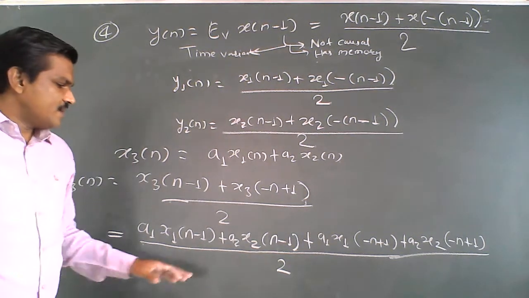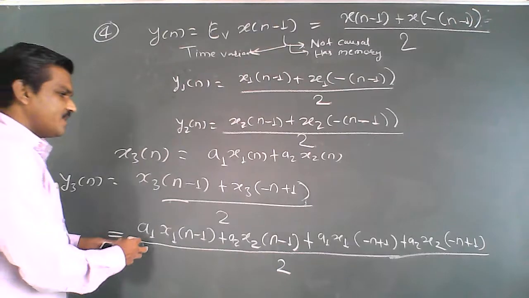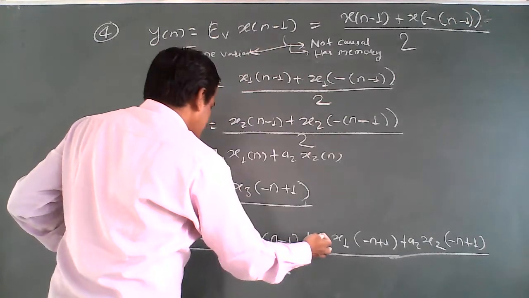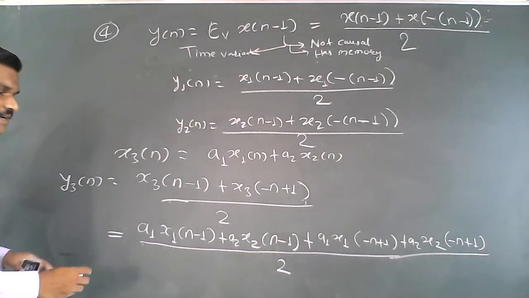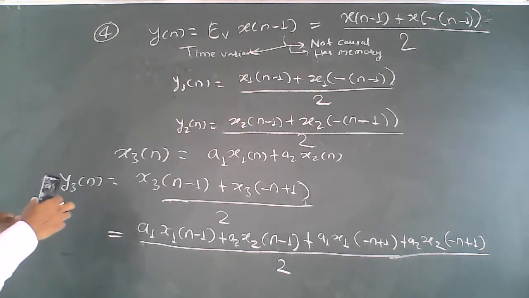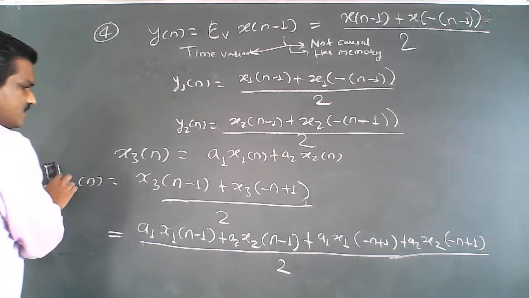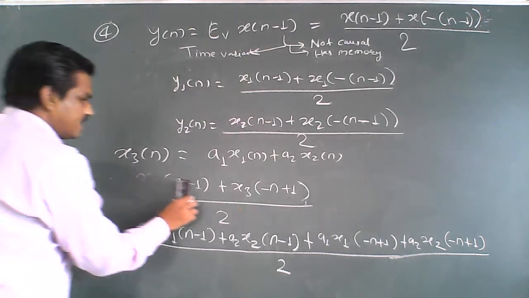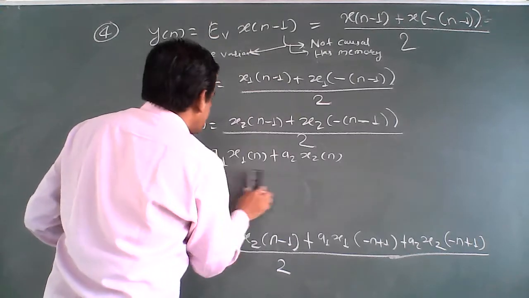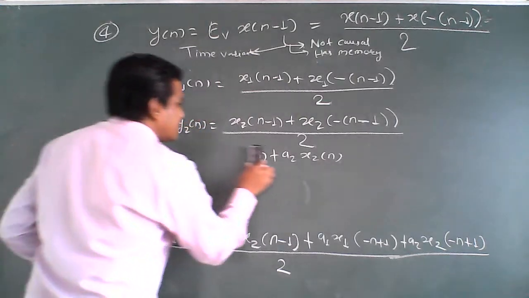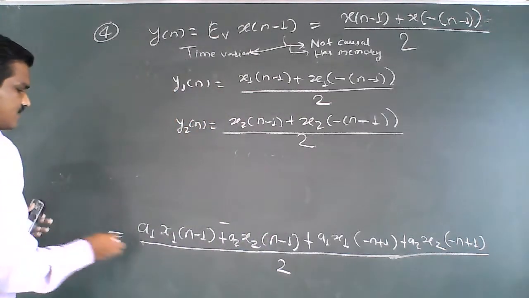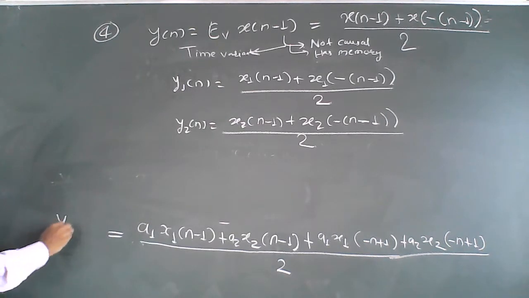Now if you look at this, take a1 as common from these two equations. I will remove some part and write it here. This is my y3 of n.